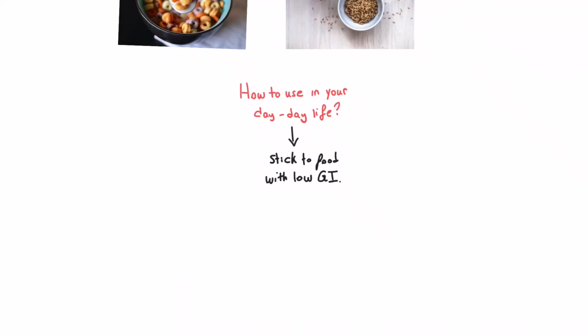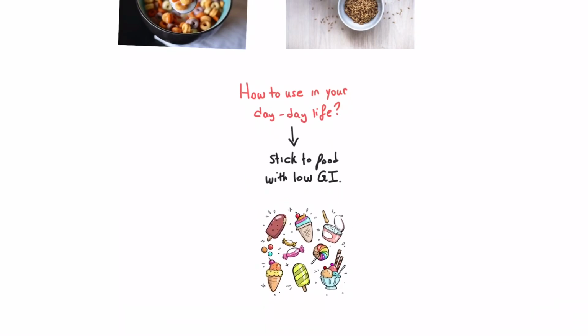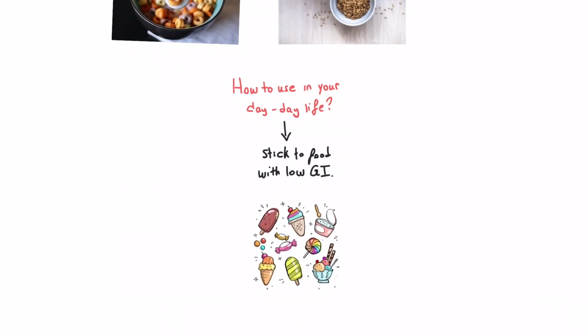Let's take an image of some candies, some ice cream, something along those lines. So I've got an image of sweets and goodies, and let's put a nice cross across them.